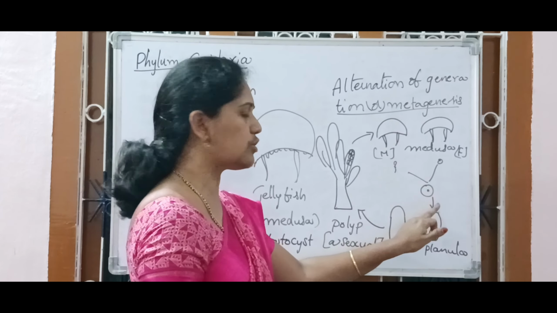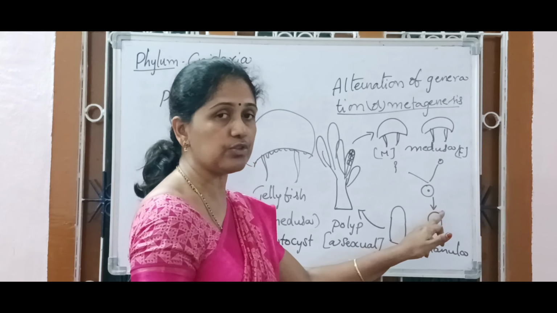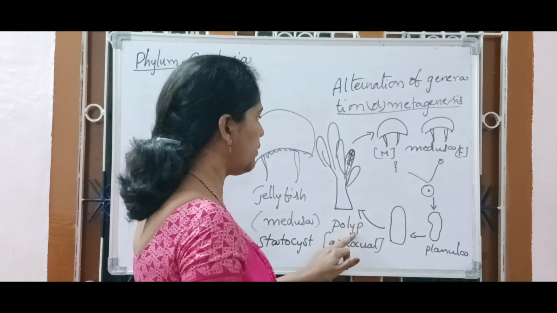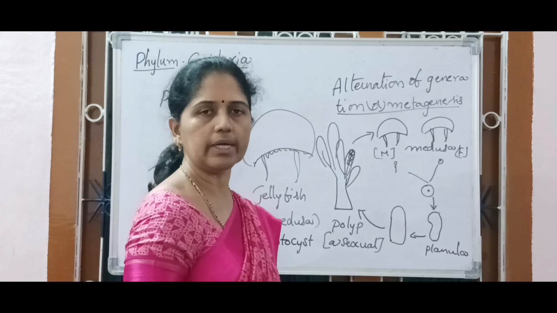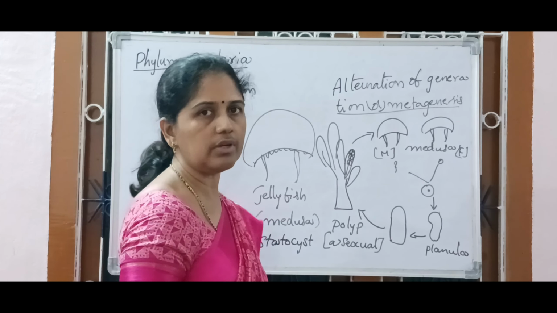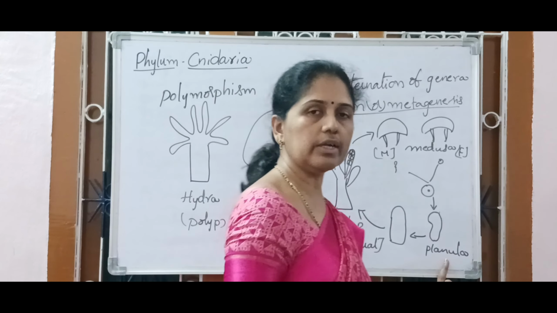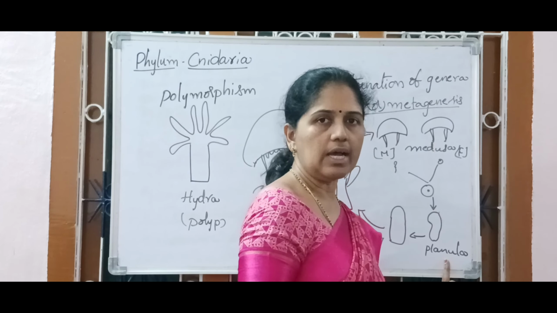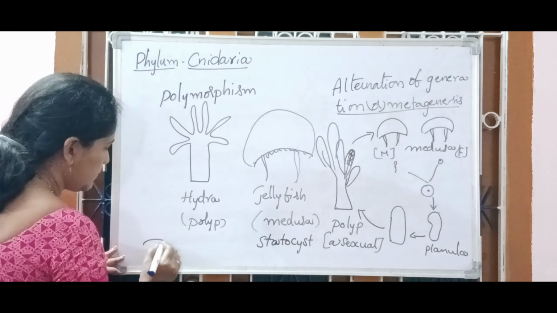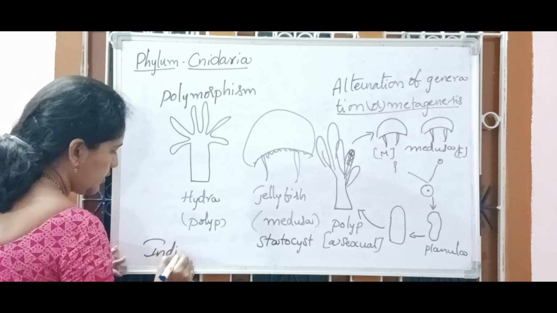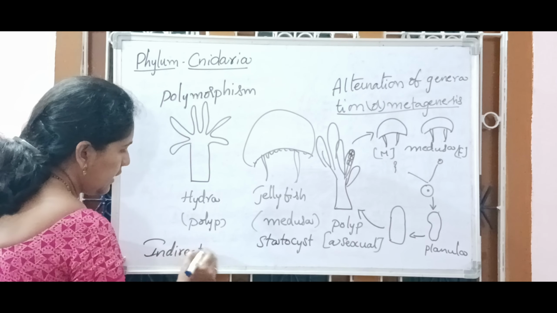The medusa is undergoing sexual reproduction because here the gamete formation is there. So it is forming the polyp. This is known as alternation of generation or metagenesis. The larval condition is the planula larva. As the larva is there, the development is indirect development.